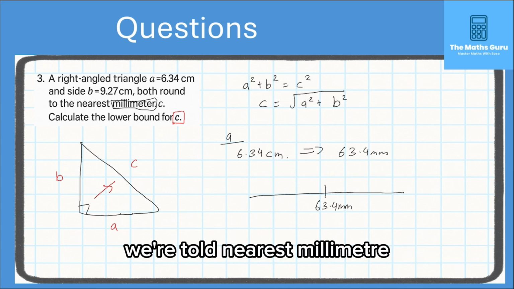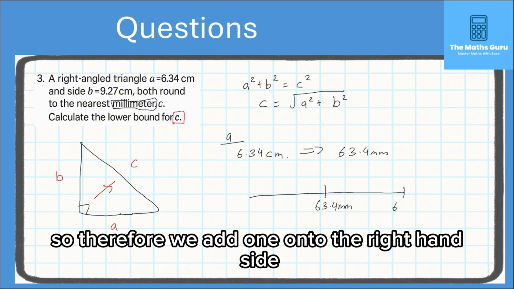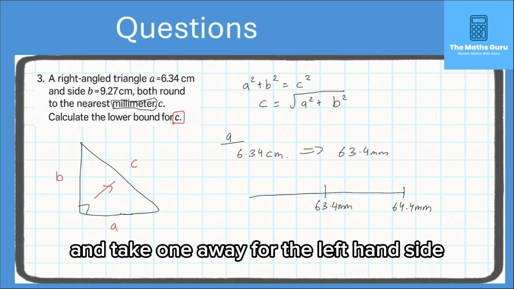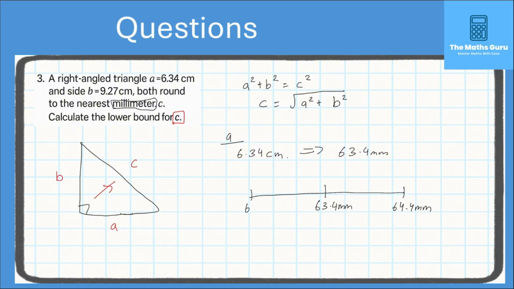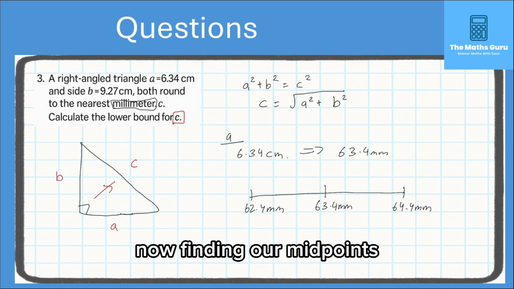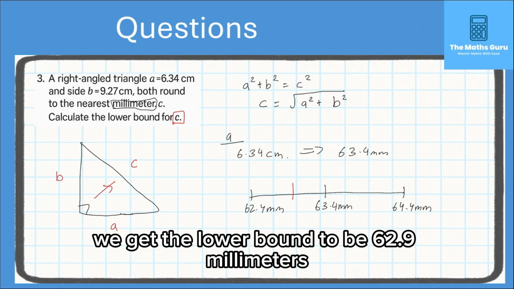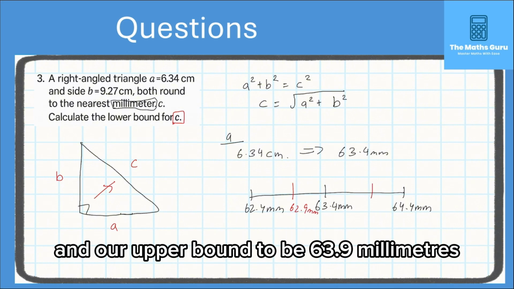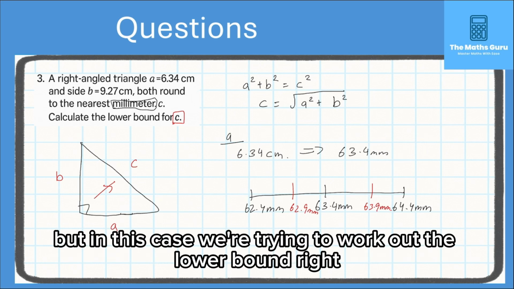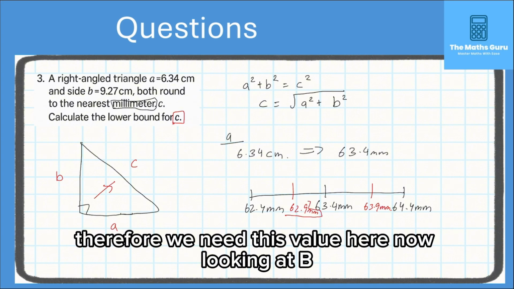We're told nearest millimeter, so we add one onto the right hand side and take one away for the left hand side. Now, finding our midpoints, we get the lower bound to be 62.9 millimeters and our upper bound to be 63.9 millimeters. But in this case, we're trying to work out the lower bound, right? Therefore, we need this value here.